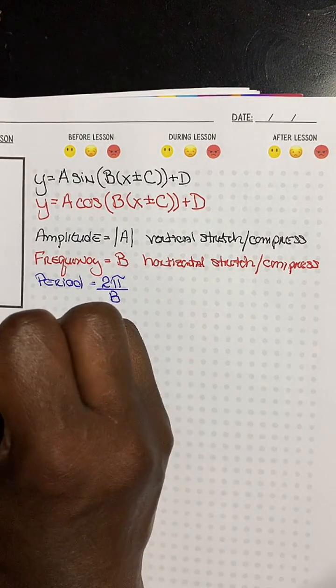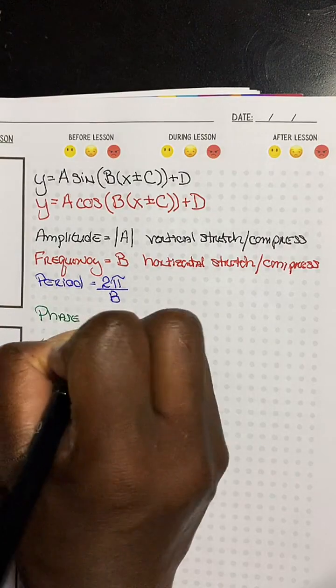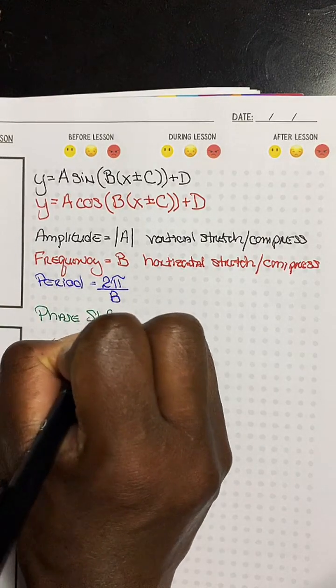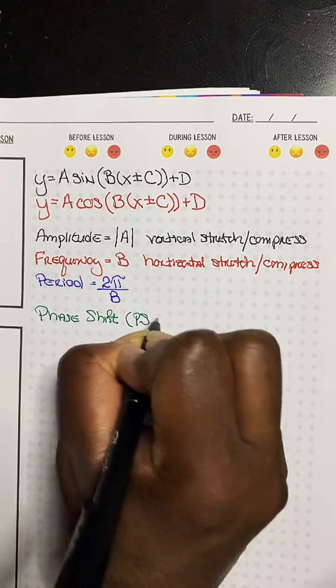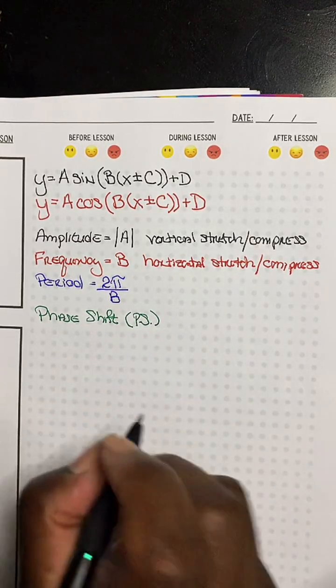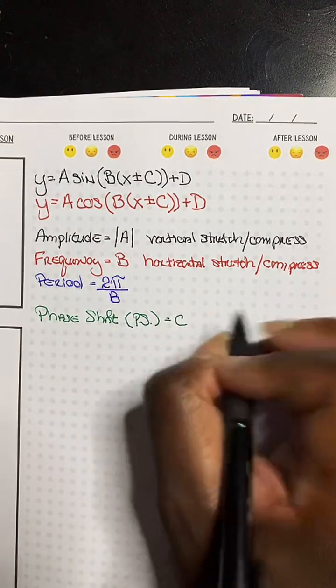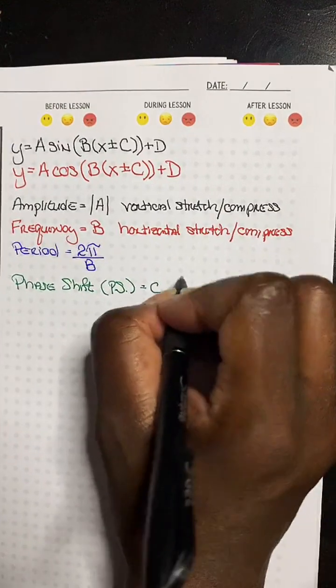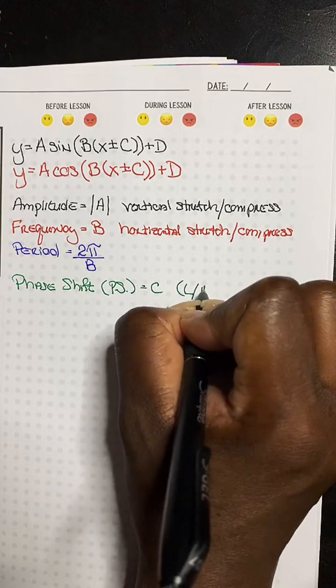Then you have your phase shift. Sometimes you'll see it as PS. Okay, this is definitely your C value. And this takes you from left to right.